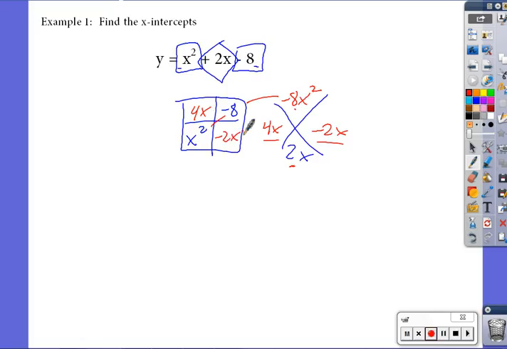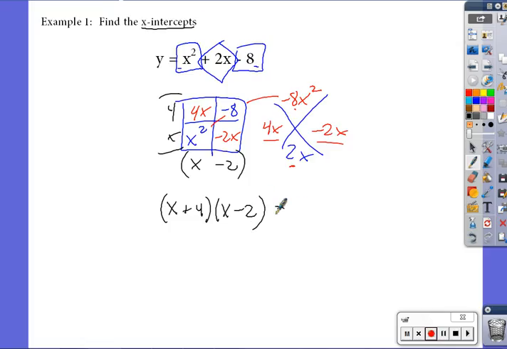We write our solution here, x and x, negative 2 and 4. So there's our parentheses. The factored form of this is x plus 4, x minus 2. Because we're finding the x-intercepts, we let that equal 0 because y is 0 at the x-intercepts. Zero product property says that if I split those up and let each of them equal 0, I will get my x-intercept.